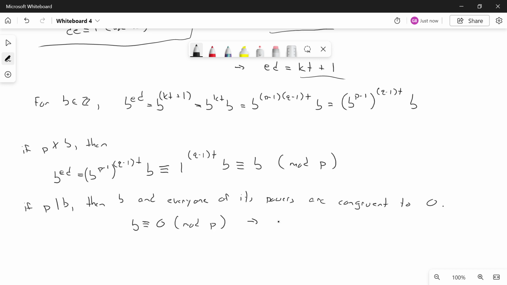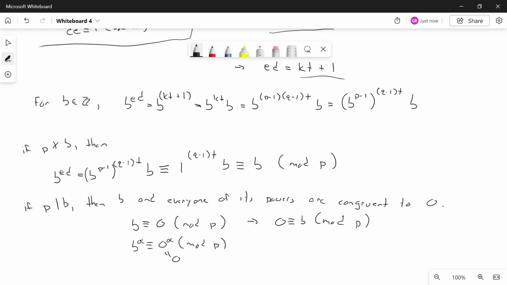Which I could also write, by symmetry, that 0 is congruent to B mod P. And again, I can raise this to whatever power I want. It's still going to be congruent to 0 to whatever power we want, mod P. And again, this is just equal to 0.